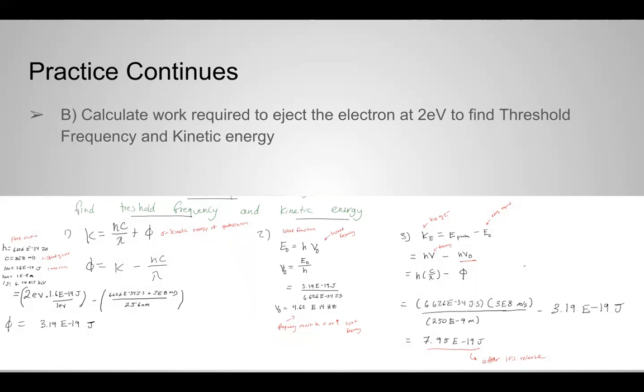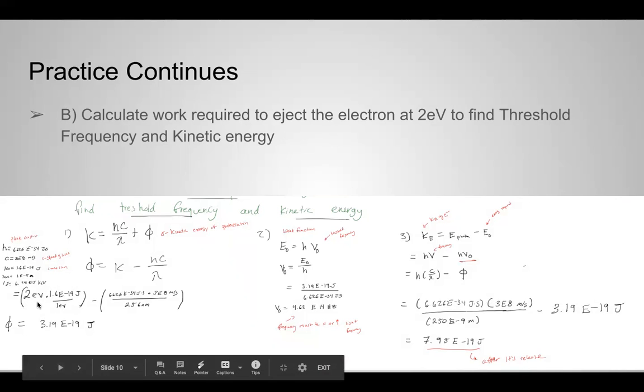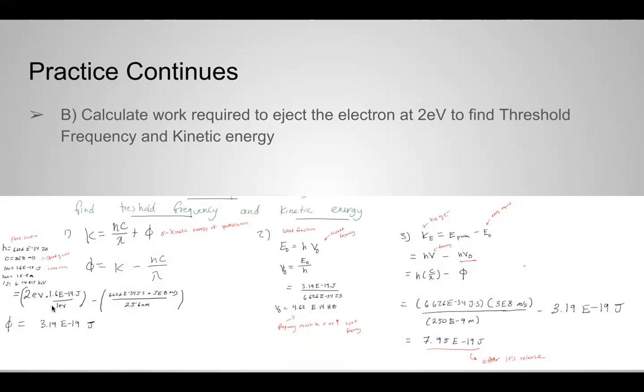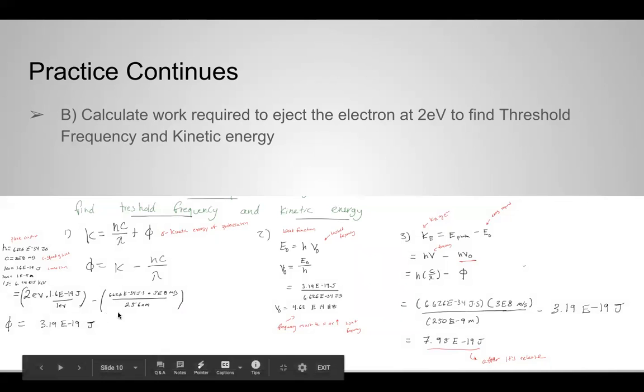So we solve for work, and it gives us K minus hc over lambda. Plug in our information. We have 2 volts. Because it's measured in joules, you have to do a conversion. And we use Planck's constant, speed of light, and our wavelength. That should give us a work of 3.19 e to the negative 19 joules.